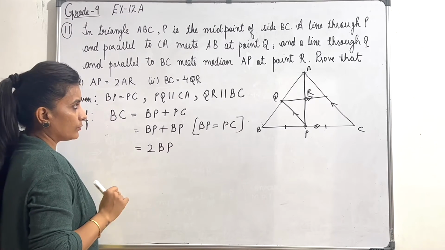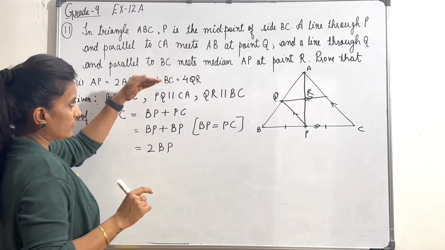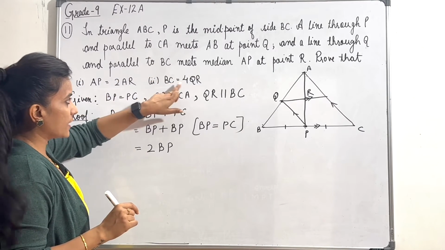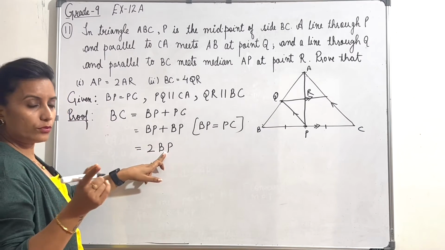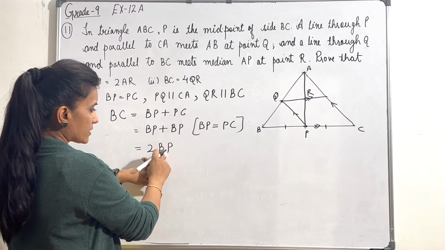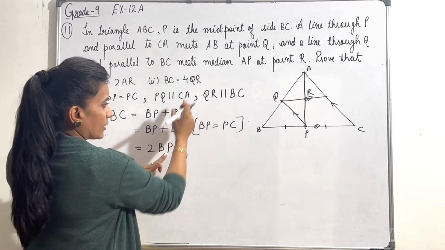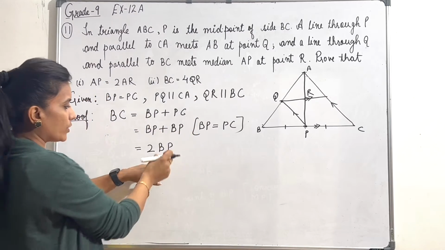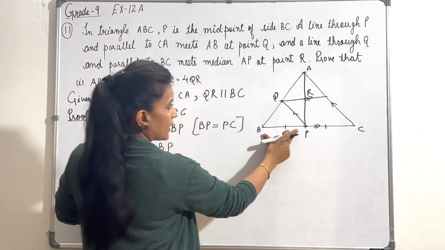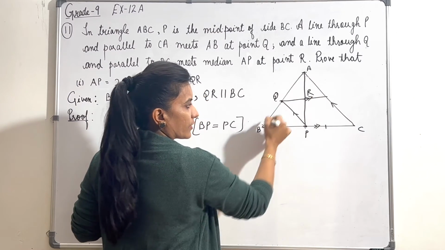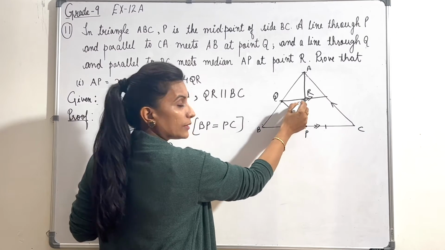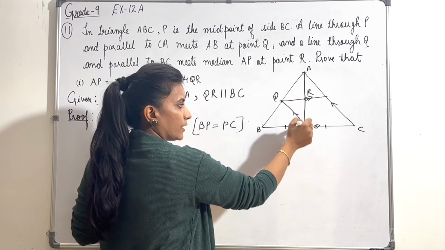Correct? Now, see, you have to keep an eye here that you want relation between BC and QR. Okay, so here BC is equal to 2 BP. Now I have to think how to convert this BP into QR. So now check what is the relation between BP and QR. So in triangle ABP, we know that Q and R, they are the midpoints of AB and AP.